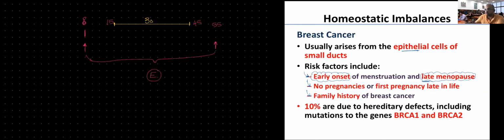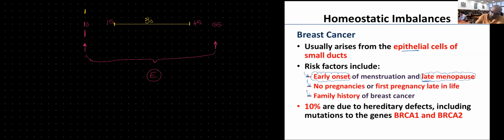So her breast is getting exposed to estrogen for 30 years, compared to the other female that got her first menses earlier in life. Let's say, for simplification of the numbers, say 10. Her first menses was by 10 years of age, and she got late menopause by age 55.